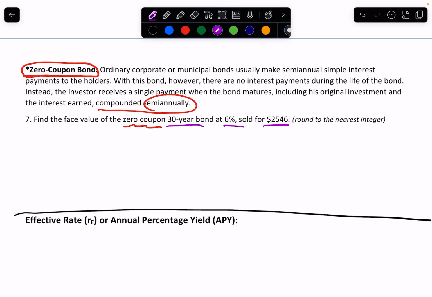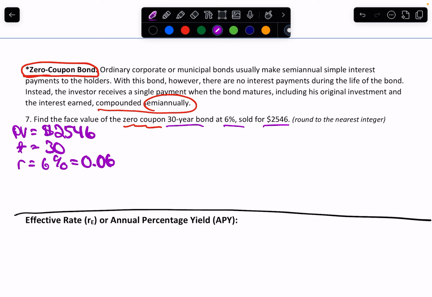Okay, so our present value is $2,546. Our time is 30 years. Our rate is 6%, so it's 0.06. And what else do we have?